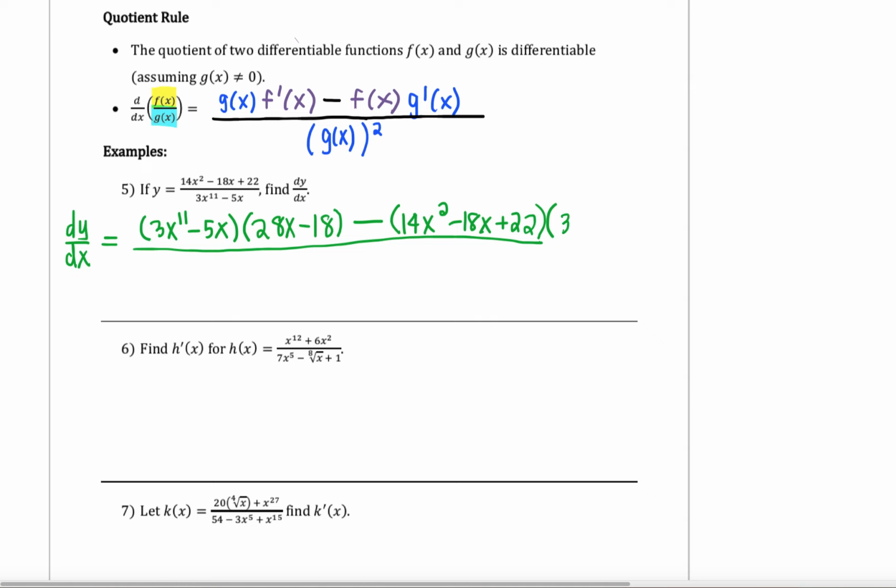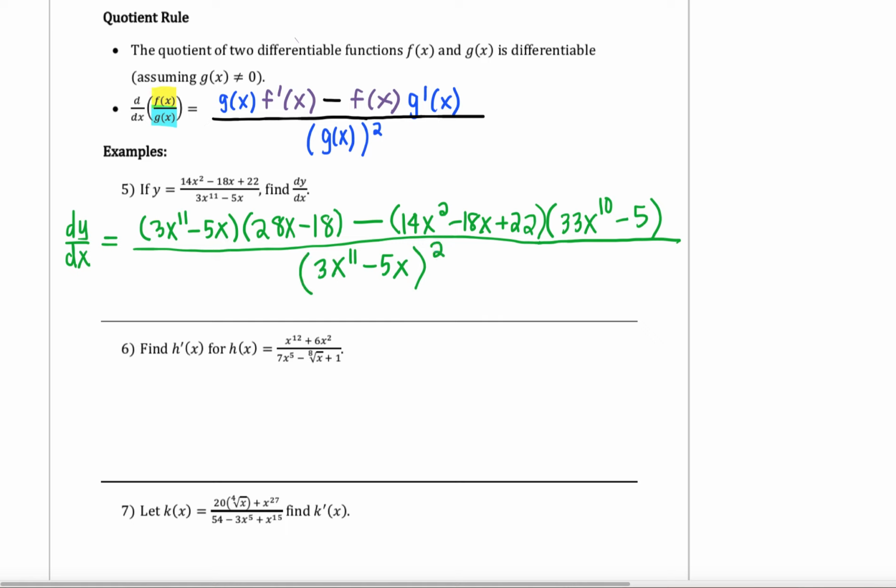So I'm going to get 33x to the 10th minus 5. And all of that is in the numerator, so I have to make sure to extend my division bar there. Then that whole thing gets divided by the original denominator, 3x to the 11th minus 5x, that whole function, so I need to put it in parentheses, squared.